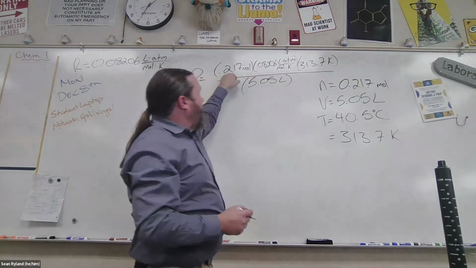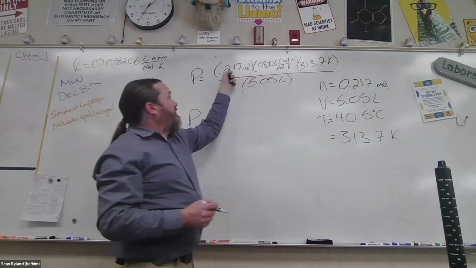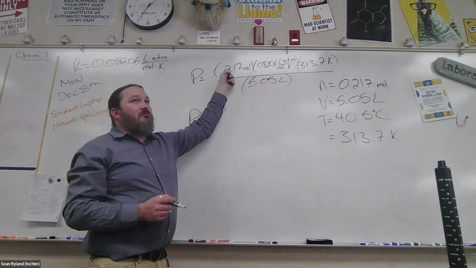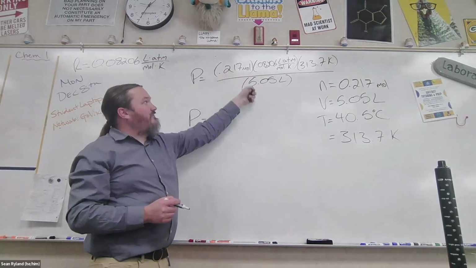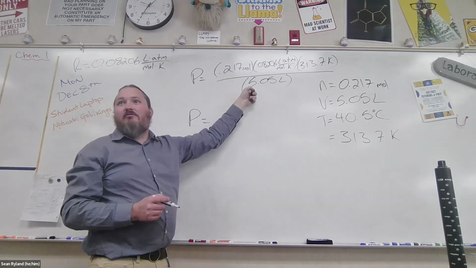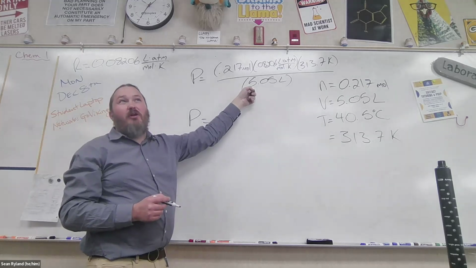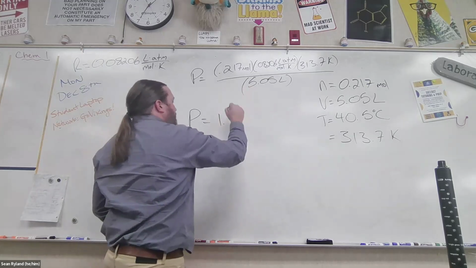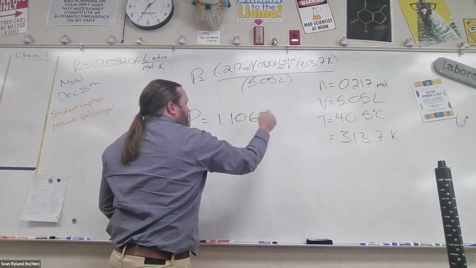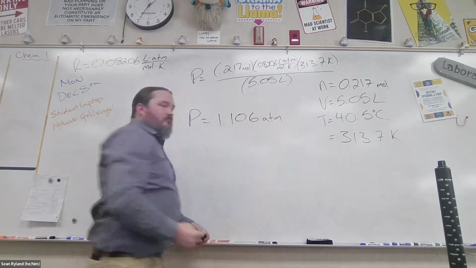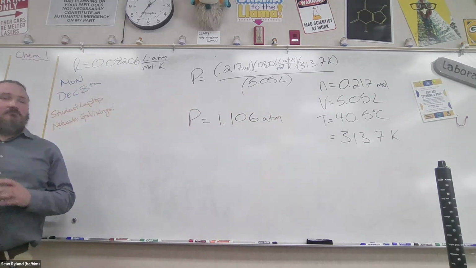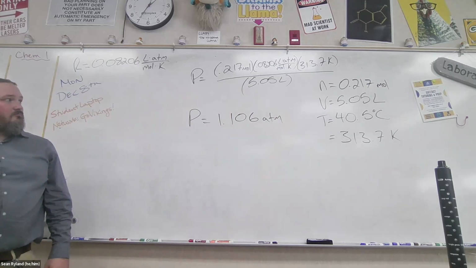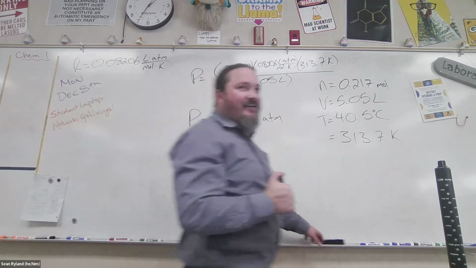Let's see it. Mental arithmetic. 30 times 0.2. A fifth of 30 is 6, divided by 5, something a little more than 1. 1.1 or so. 1.106. You got some good thinking in that.